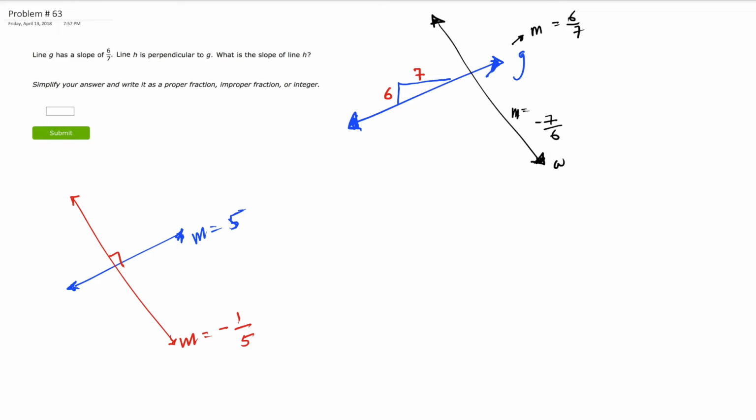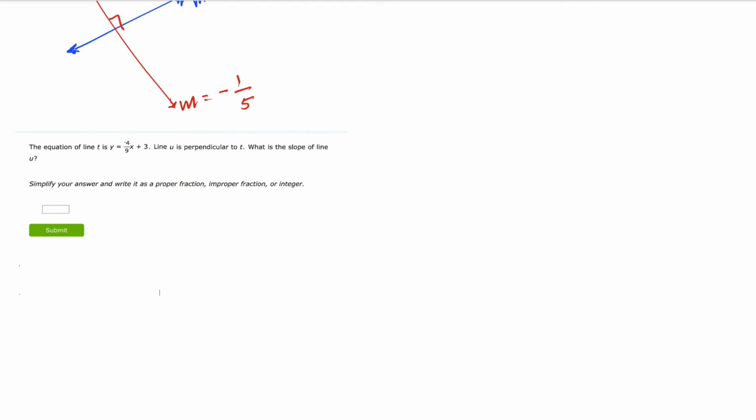All right, so it says the equation of line T is y equals -4/9 x plus 3. So this is line T, and I know it has a negative slope, so I'm just going to roughly draw it like that.